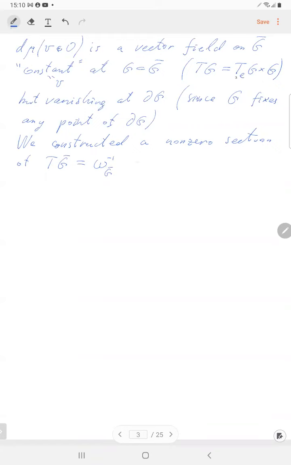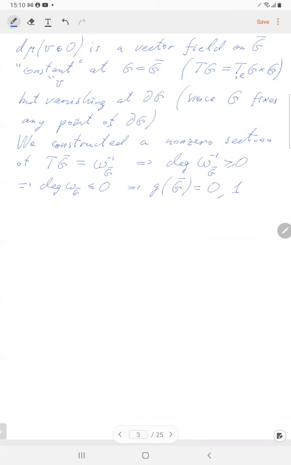Okay, so it means that the degree of the canonical class of G bar is, well, at least 0, but the inverse canonical bundle is non-negative, and so the degree of the canonical bundle is non-positive. So it means that the genus of G bar is either 0 or 1.